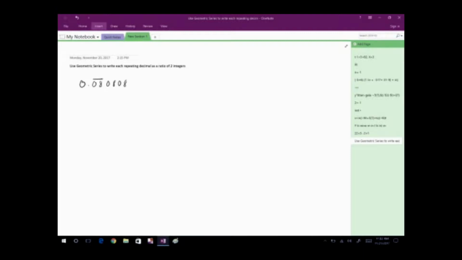So first, let's break this decimal into 0.08 plus 0.0008 plus 0.000008 plus, and so on to infinity.